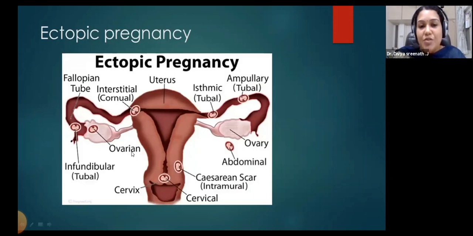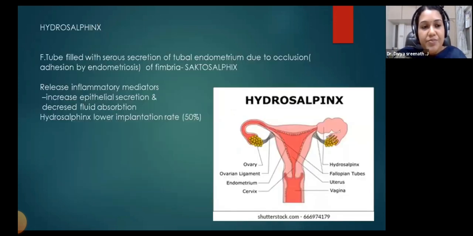And the clinical aspect is ectopic pregnancy, which means pregnancy outside the uterine cavity. It can be in the interstitial portion, in the isthmus portion, or near the infundibular portion. Unlike the uterus, the fallopian tube will not stretch that much, so there may be a chance of rupture if the diagnosis is missed.